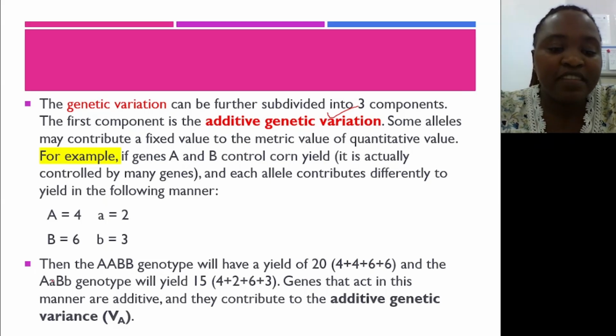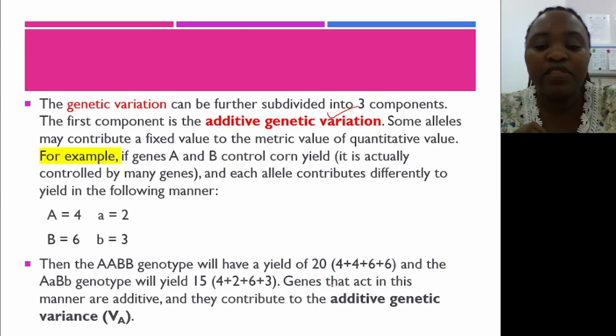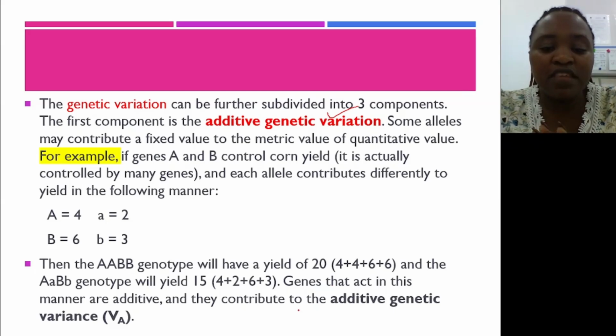And if you have the heterozygous genotype, then you will have a yield of 15, which is 4 plus 2 plus 6 plus 3. I hope you remember these ones. Genes that act in this manner are additive because every allele is contributing to the genotype. So we say that they contribute to the additive genetic variance, which is denoted as VA.